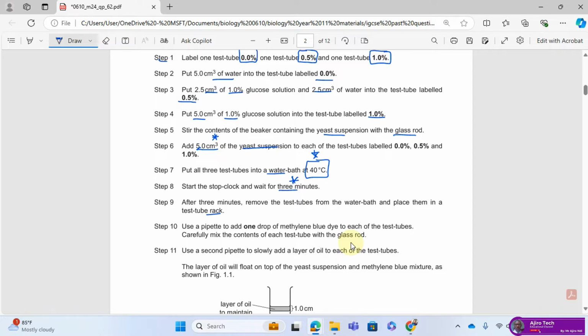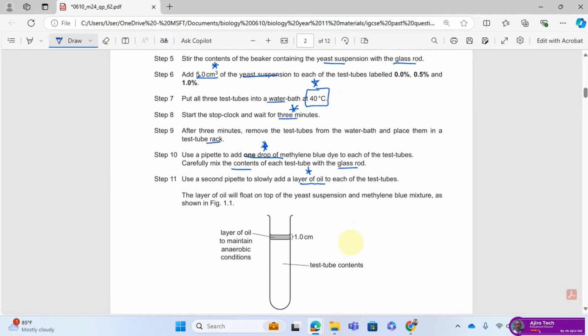Use a pipette to add 1 drop of methylene blue to each test tube, and stir with a glass rod. Use a second pipette to slowly add a layer of oil on the test tube.